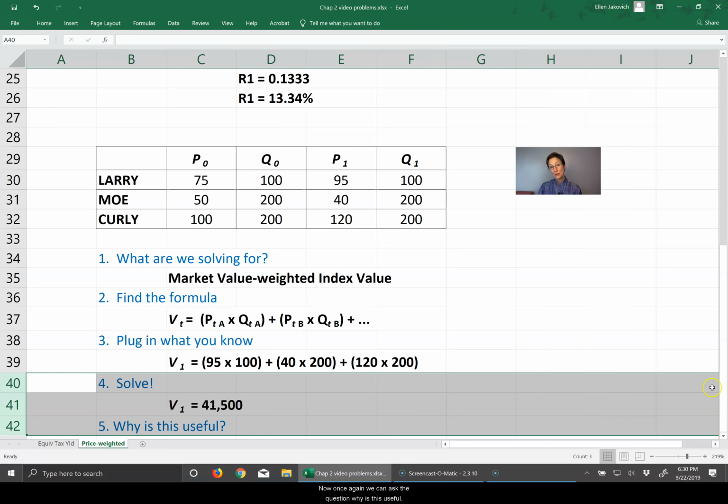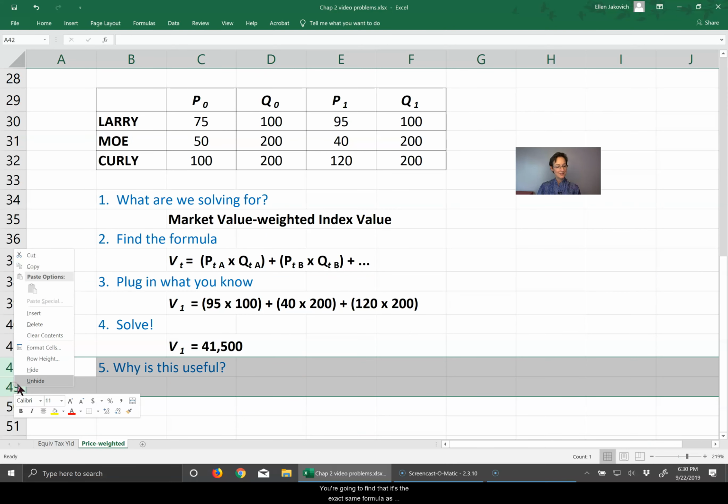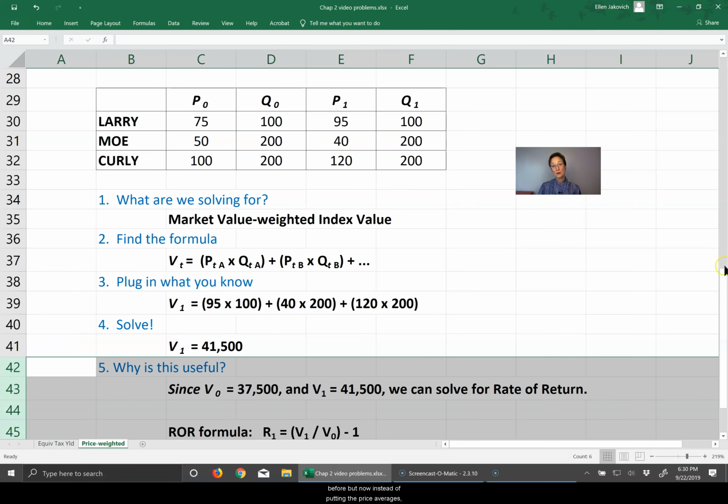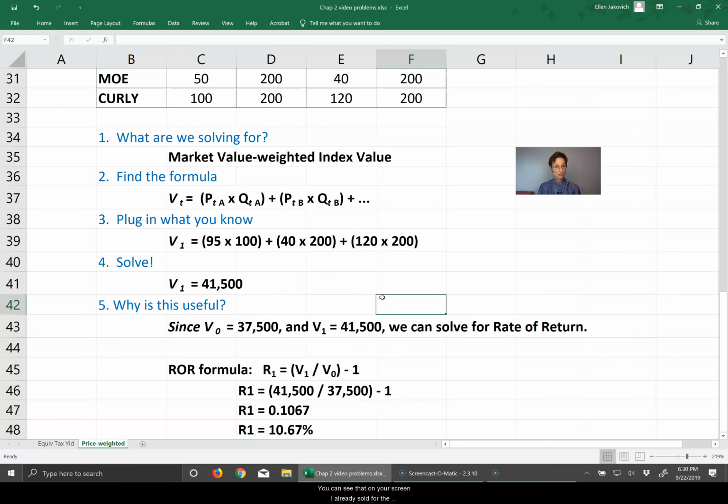Now, once again, we can ask the question, why is this useful? You're going to find that it's the exact same formula as before, but now instead of putting the price averages, we're going to put the market values in for V1 and V0. You can see that on your screen. I already solved for the market value at time 0, which was $37,500. At time 1, we just solved it together.